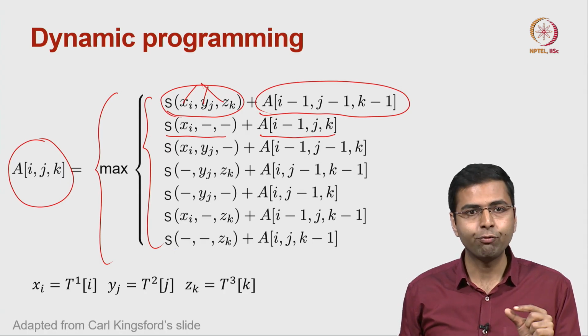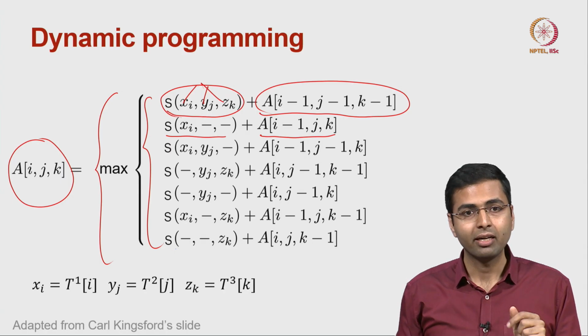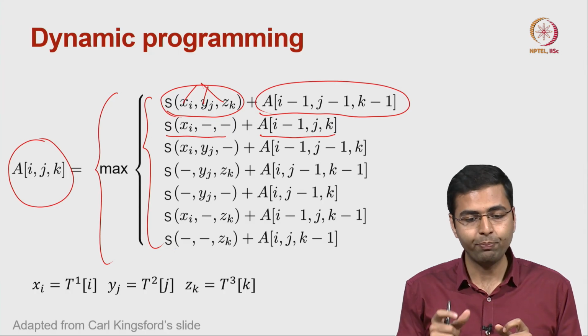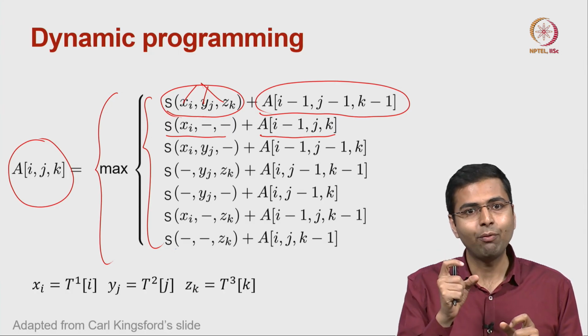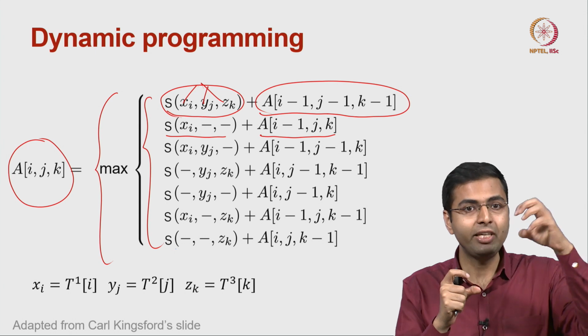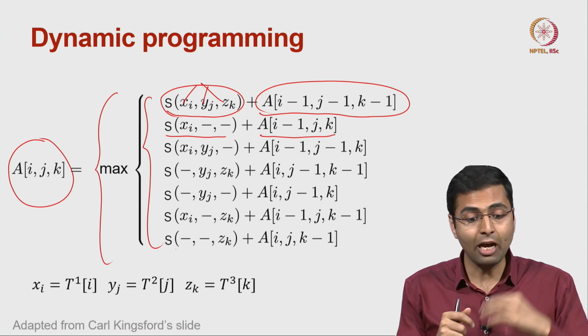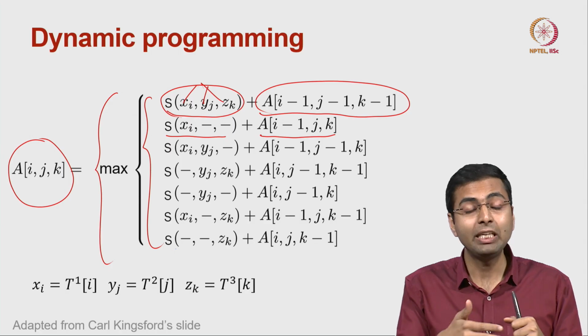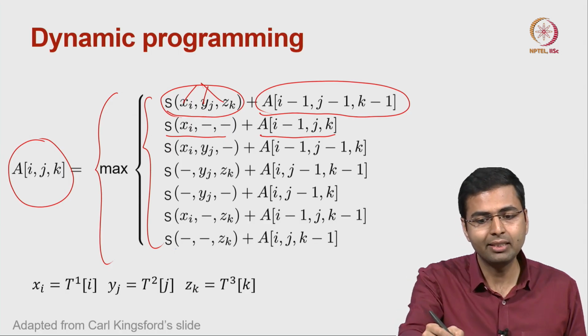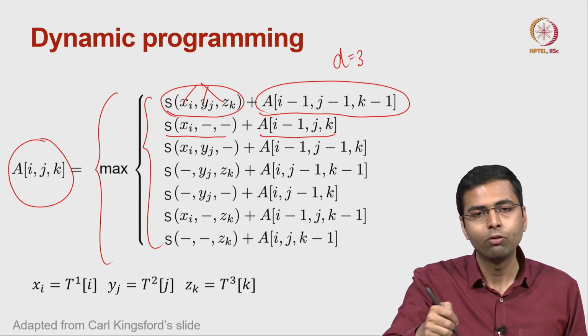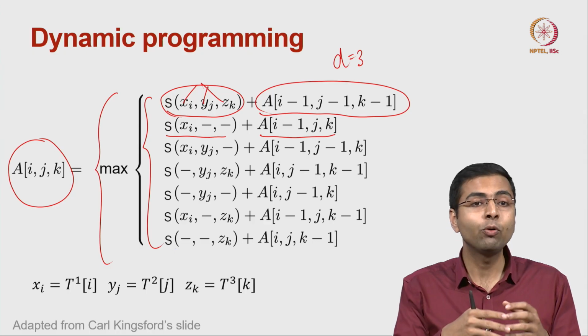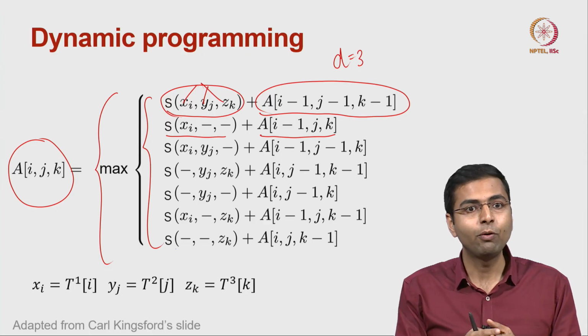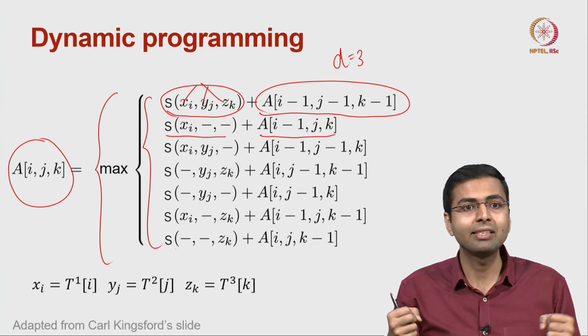We have to be slightly more careful for multiple sequence alignment compared to pairwise sequence alignment, because for pairwise alignment each cell depended on a fixed 3 neighboring cells, whereas now this number depends on how many sequences we are considering, because this is still the d equals 3 scenario. For d equals 4 we will be moving to a 4-dimensional matrix, for d equals 5 a 5-dimensional matrix, and so on.